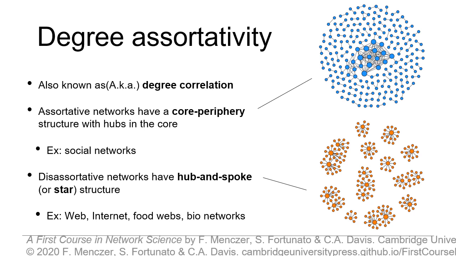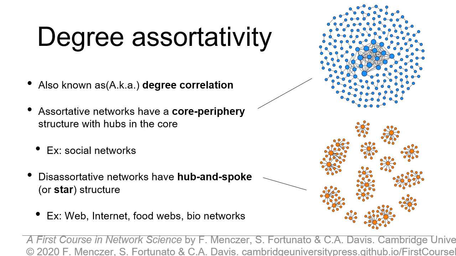However, a dissociative network has a hub-and-spoke or star structure, like the internet or websites, food webs, and biological networks. In this case, the hub is connected to the periphery, so high degree nodes connect to low degree nodes. That is called dissociativity. In general, many networks show the dissociativity property.